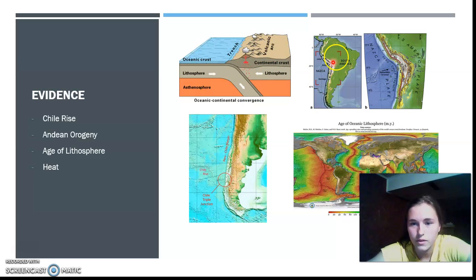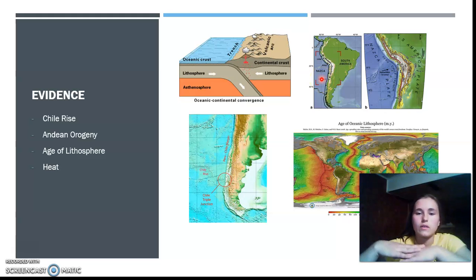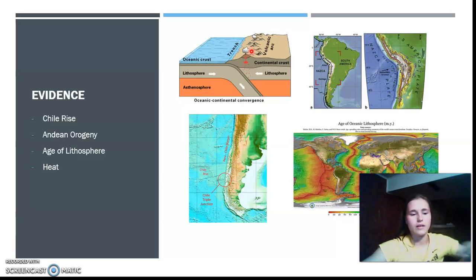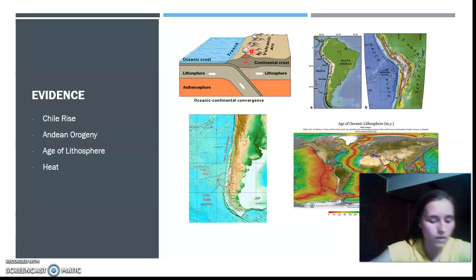So the Nazca is going underneath the South American plate, which then pushes up sediments and other things to make a not volcanic area, like mountainous hilly area.